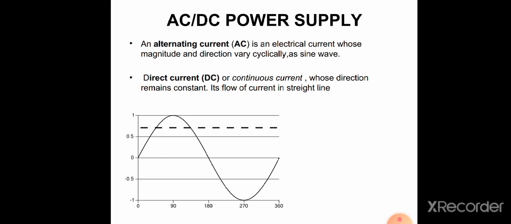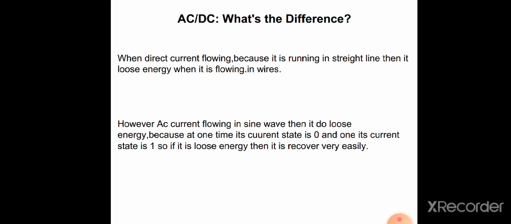So what is a DC power supply? All the electronic circuits need DC voltage for their operation, and the DC supply is derived from the single phase AC mains circuit. I have told you AC signal is naturally available for use, but we have to derive a DC signal from AC. We have also seen the difference between AC and DC signal.